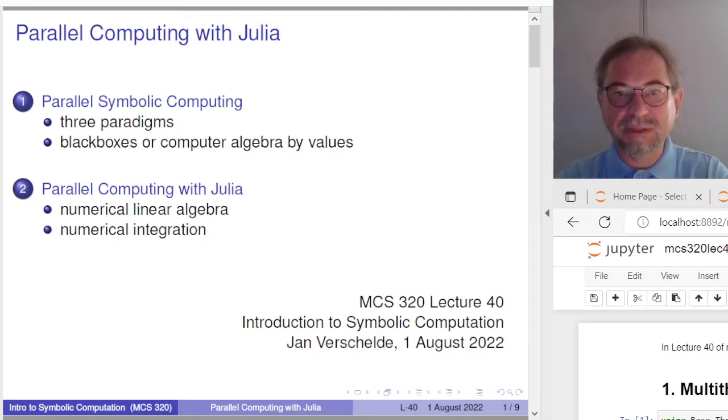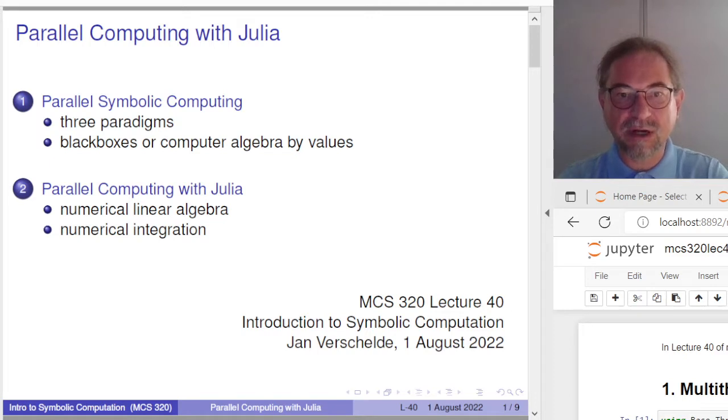And the topic is parallel computing, mainly because all computers are parallel computers. Also, we have covered in the previous lecture Julia as an alternative programming language for working with symbolic computation.